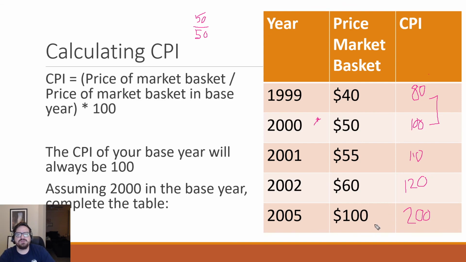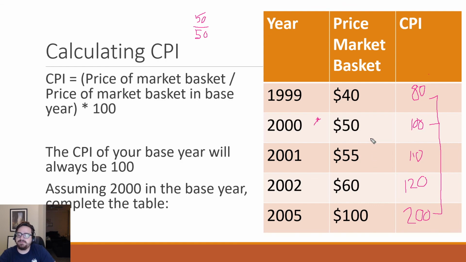Now this one being 200 is 100 over 50. That's 2 times 100. 200 means prices went up from 2000 to 2005. In this example, this is hypothetical, these aren't real numbers. Prices doubled over that time period, which, yep, the price of the market basket doubled. That tracks.